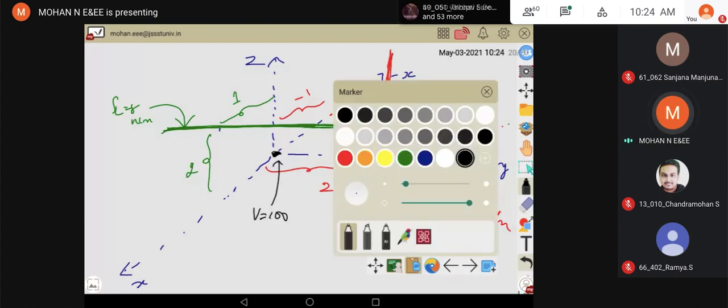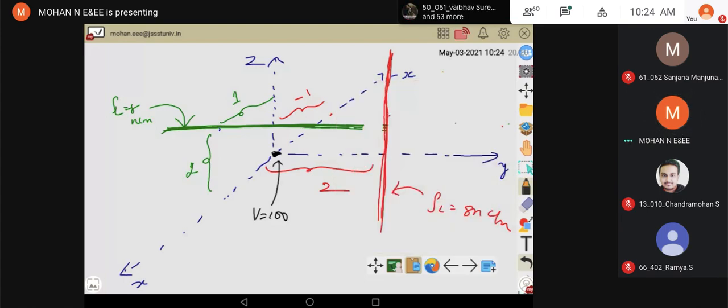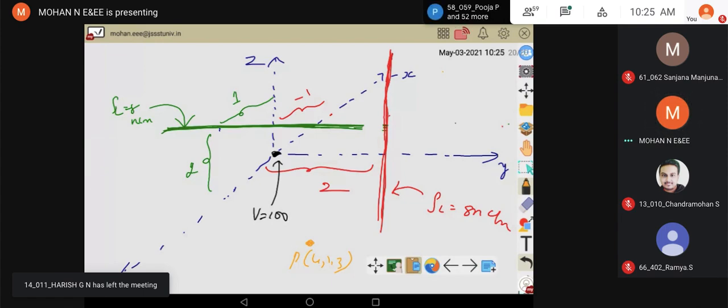I will just mark it. You are supposed to find the potential at P due to these two line charges, the red one and the green one. For line charge one, we can find the potential difference V P O.